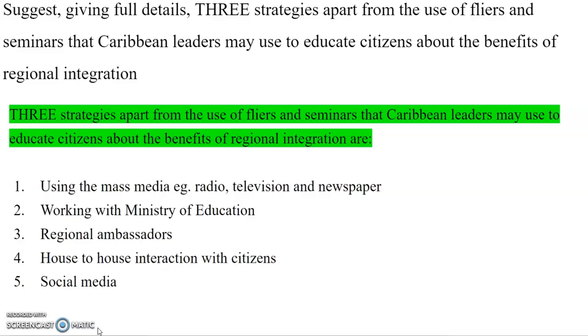Now I've given you 5 strategies, so we're going to look at those strategies. Strategy 1, using the mass media, example radio, television, and newspaper. 2, working with Ministry of Education. 3, regional ambassadors. 4, house-to-house interaction with citizens. 5, social media.